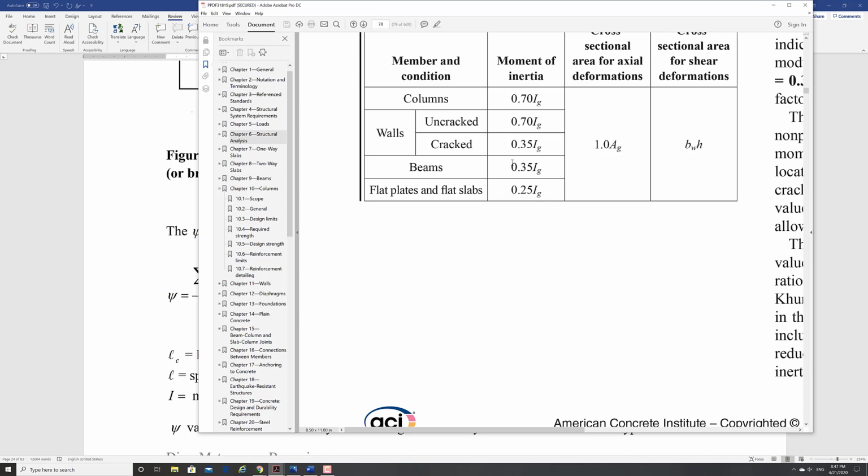And that's why modeling concrete gets difficult. Because you think you got an answer, but it may not be the correct answer, because that depends on how much cracking, how much creep, how much shrinkage, all these things affecting your concrete, the nonlinearity, and all that are changing your moments of inertia.